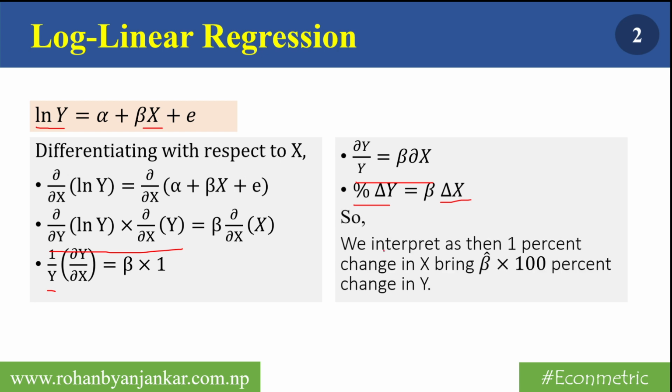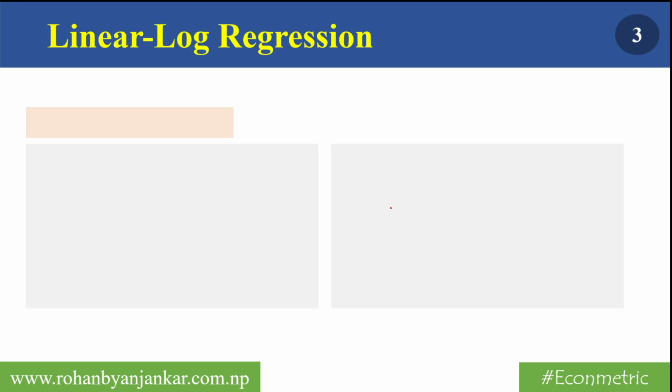So we interpret it as: 1 unit change in x brings beta hat times 100% change in y. This is not in percent form, but we need the value in percentage, so we must multiply beta hat by 100.